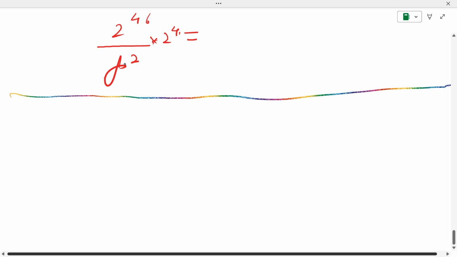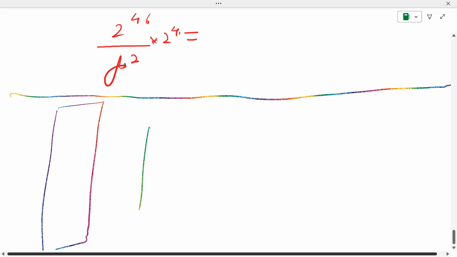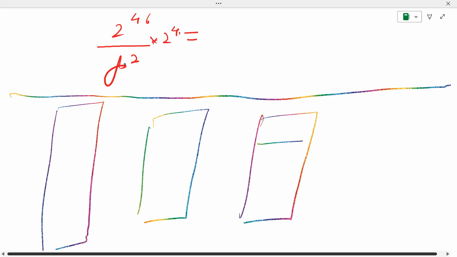So we have three levels of pages, right? So this is the first level, this is the second level, and this is the third level, which contains the frame number. And here we are given that the PA is equal to 46 bit.